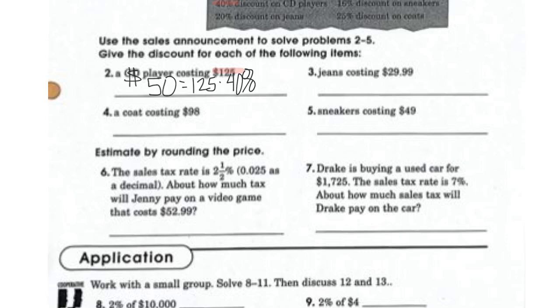On problem number 6, it says estimate. Remember, we are just estimating. I don't want an exact answer. It says the sales tax rate is 2.5%, which is the same as 0.025 as a decimal. About how much tax will Jenny pay on a video game that costs $52.99? $52.99 is very close to $50.